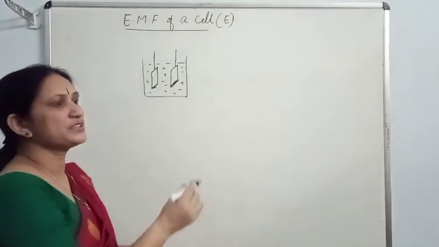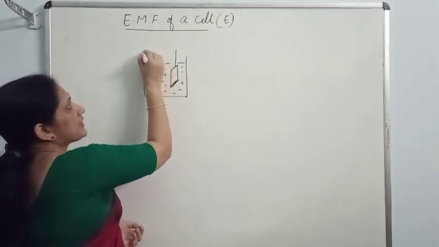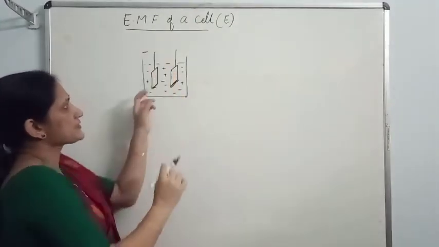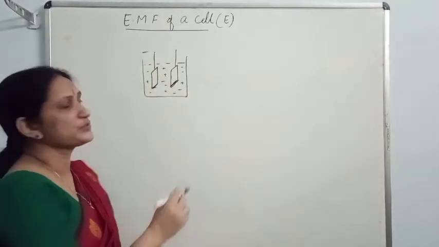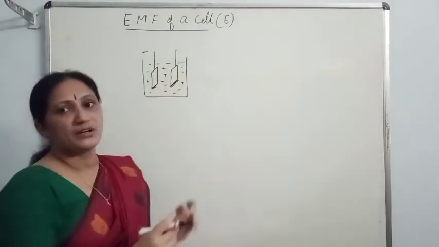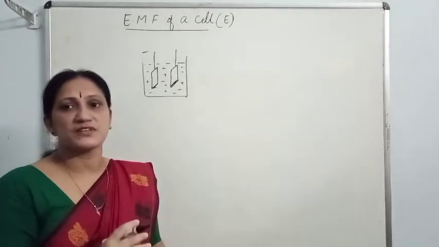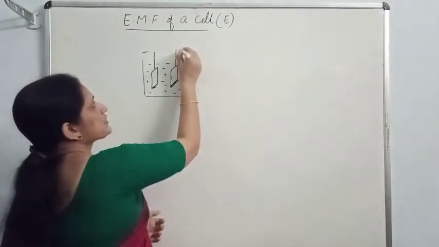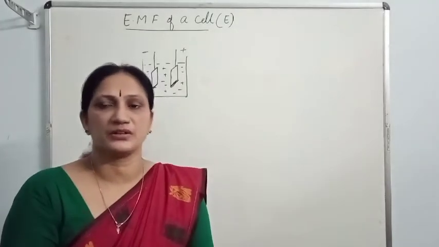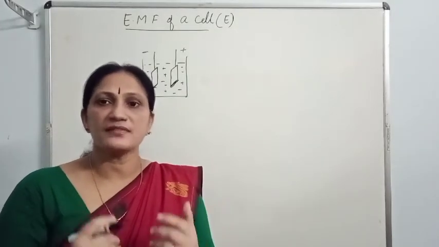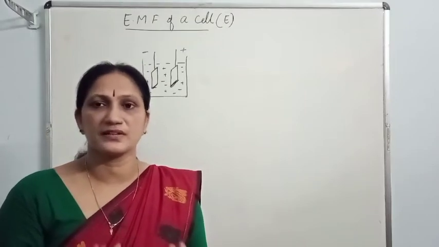The electrode which gains electrons gets negative charge. For example, suppose this is the electrode gaining electrons, it gets negative charge, and the electrode which loses electrons gets positive charge. In one of the previous beginning videos I told, when a body gains electrons, it gets negative charge.